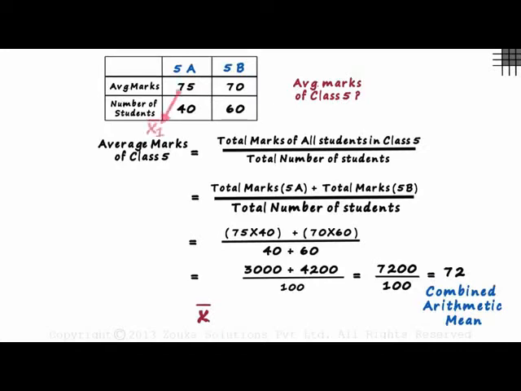If we consider x1 bar and x2 bar to be the means of the two sets, and n1 and n2 to be the total numbers in the two sets, then the combined arithmetic mean will be x1 bar n1 plus x2 bar n2, the whole divided by n1 plus n2. If there was a third division, class 5C, we could have x3 bar and n3 also.